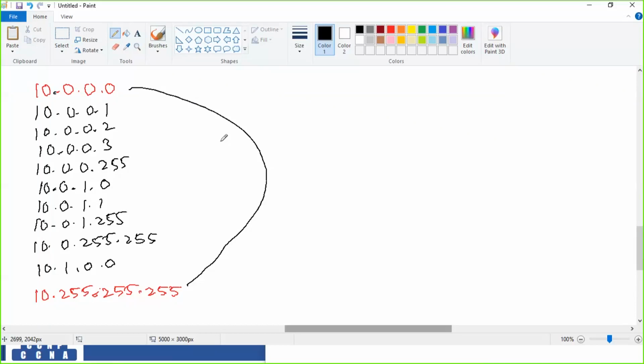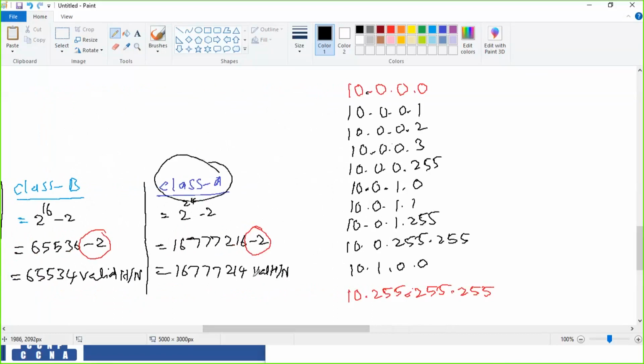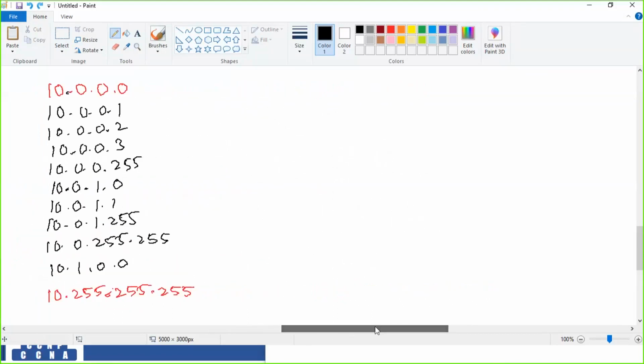It's a class A network, right? For each network of class A, as we discussed just before, there are 16,777,216 IP addresses. But from this, two IPs are minused.